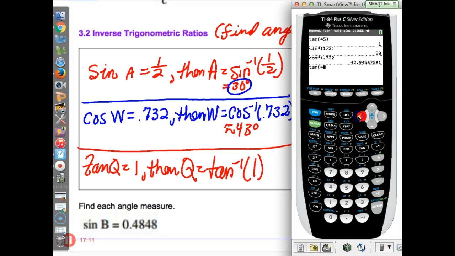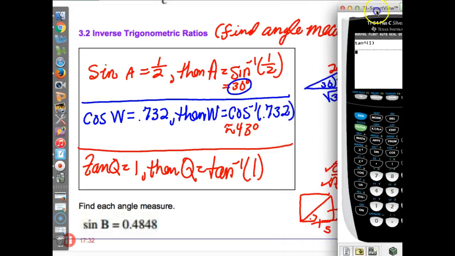Oops, sorry. I'm thinking ahead of myself. 1. Enter. Sorry, I forgot to hit second hard enough. Second, tangent, 1. So I'm asking my calculator what angle has a tangent of 1. And it says 45 degrees.